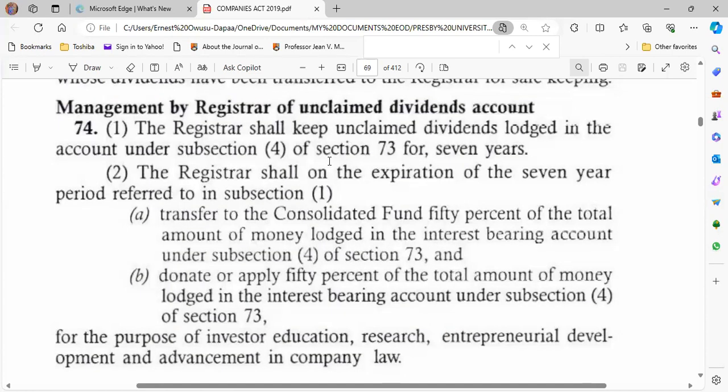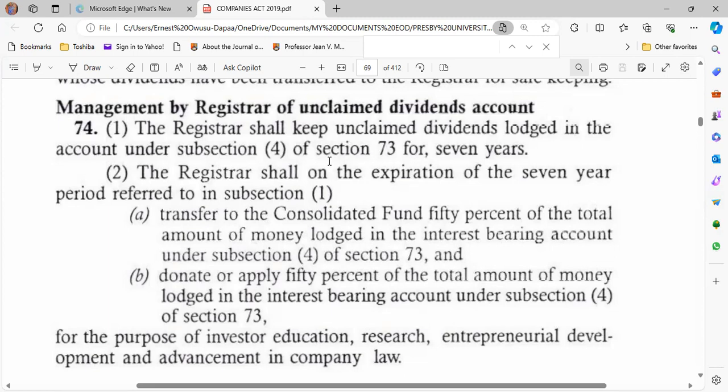The company can hold on to the unclaimed dividend for only 3 months. Okay, let's say for 15 months, because 3 months it will hold on to it, and then 12 months you're supposed to keep it in account.